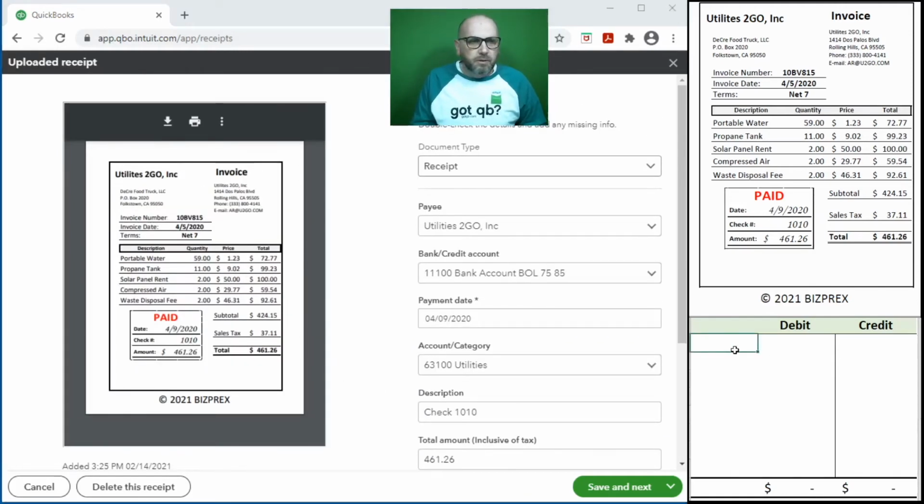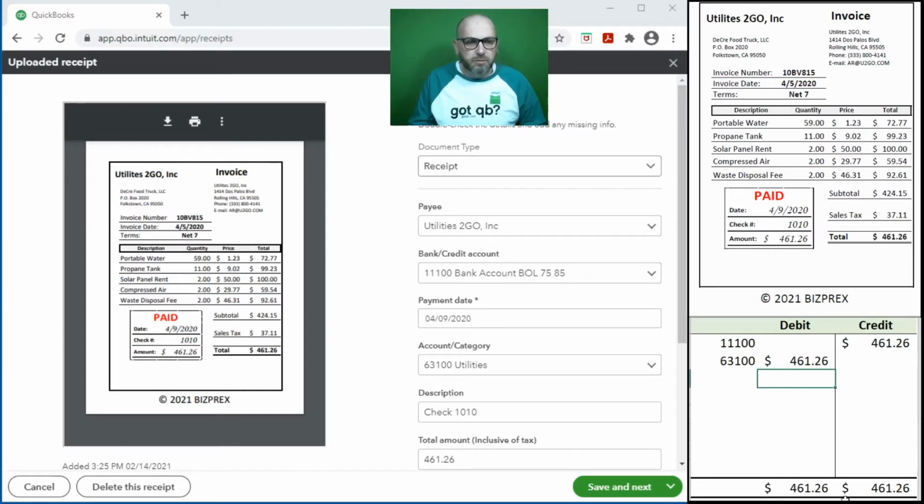All right, debits and credits. So bank account balance will go down, so I have to credit that one. Expenses on utilities will go up, so I have to debit that one.